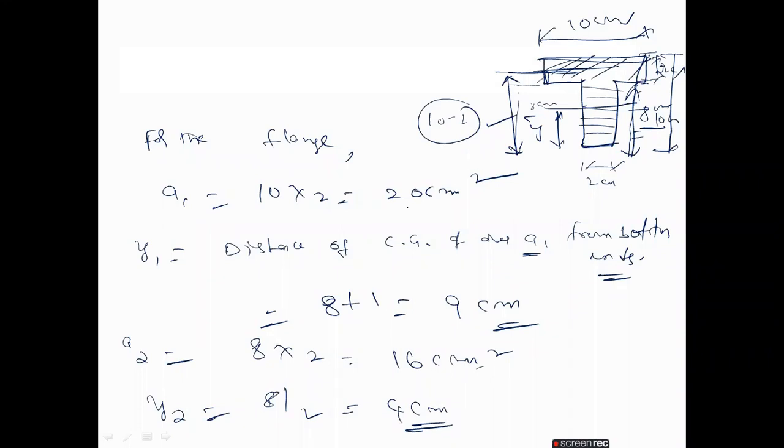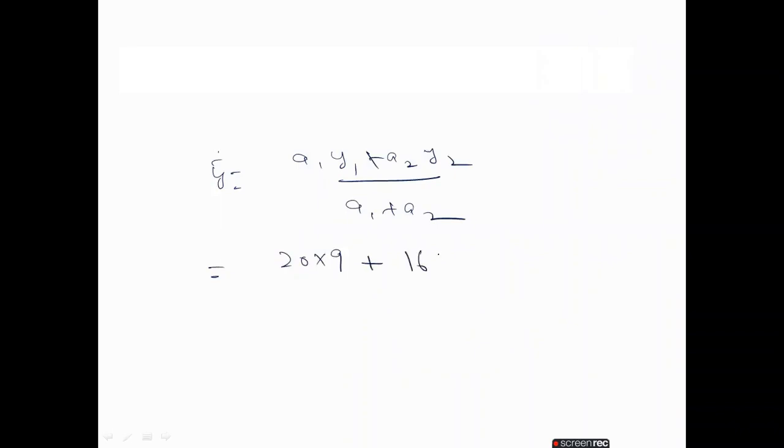Now we calculated A1, Y1, A2, Y2. Now calculate the Y bar. The Y bar formula is A1 Y1 plus A2 Y2 by A1 plus A2. So A1 value is 20, Y1 value is 9, plus A2 value is 16, Y2 value is 4, by 20 plus 16.